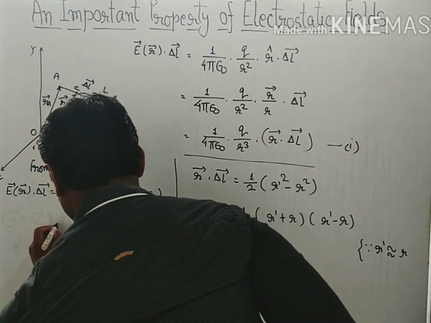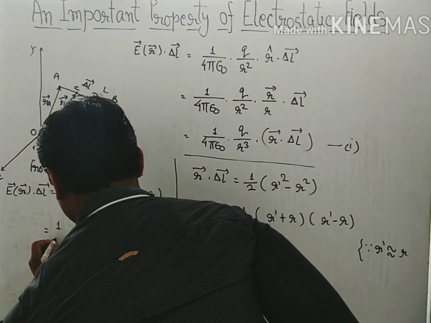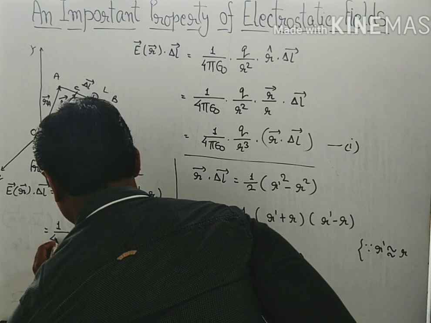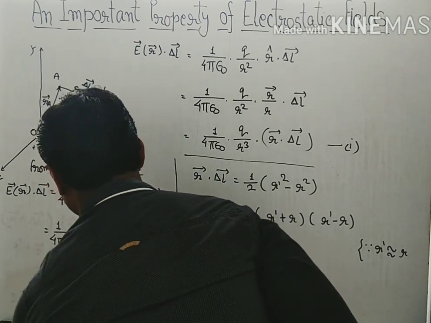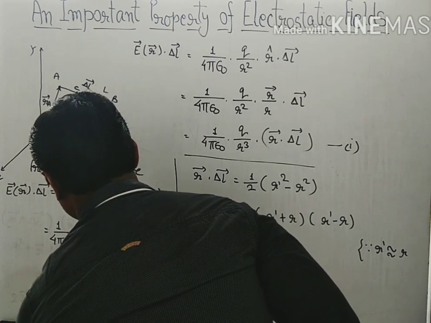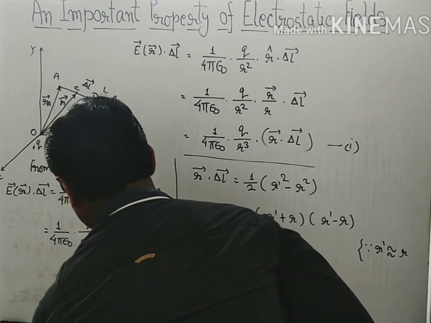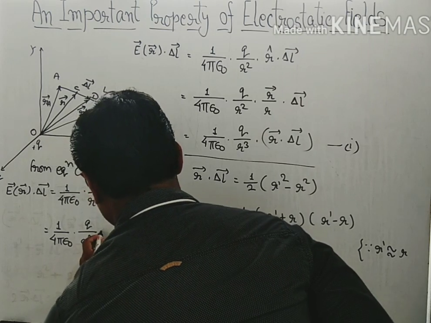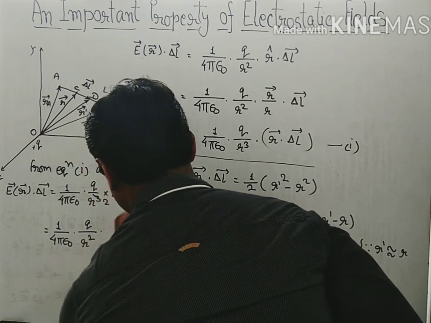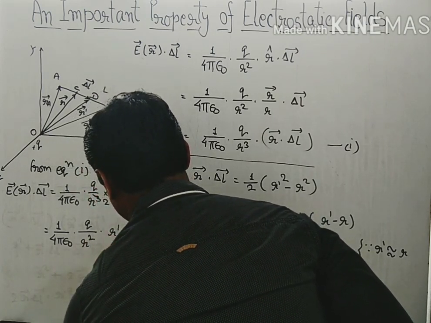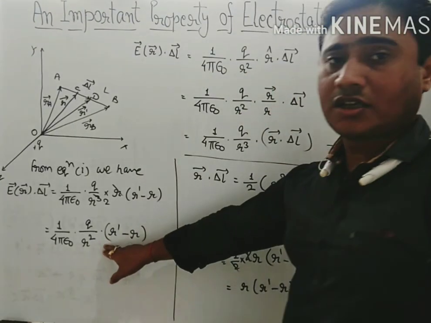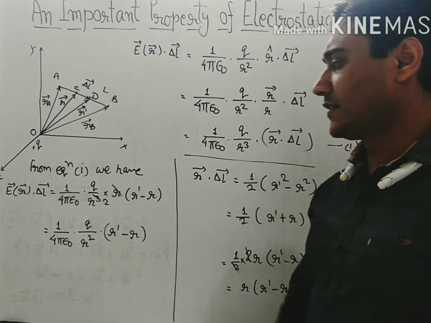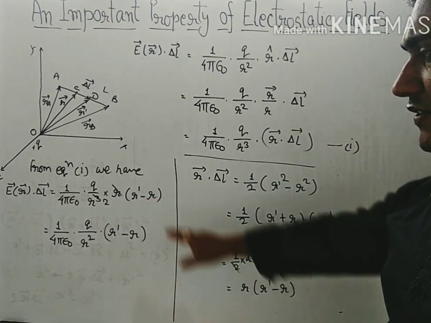So further we can move ahead and write 1 upon 4 pi epsilon naught q upon r square into this thing back r prime minus r. So this can be written thereafter as simplification of this step.